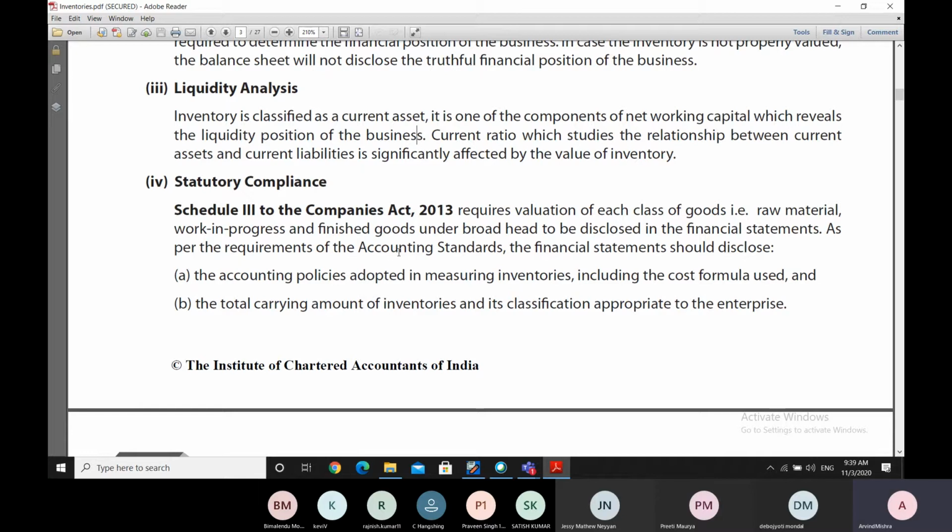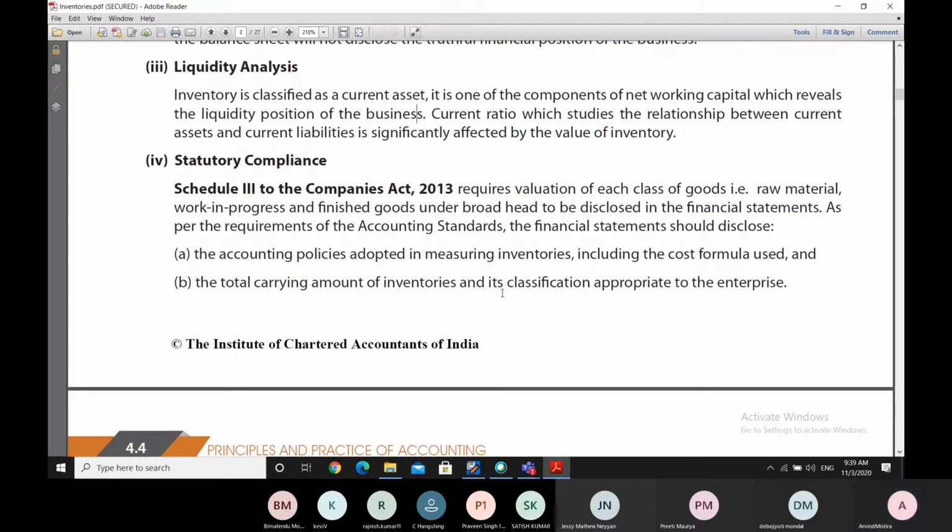Moreover, the accounting standards have also required that the financial statements should disclose the accounting policies which are adopted in measuring the inventory, and it is made mandatory by accounting standard to include the cost formula that is being used to find out the cost of the goods sold. And the accounting standards have also made it mandatory to disclose the total carrying amount of inventories and its classification, the inventory classification, which is appropriate to that particular enterprise.